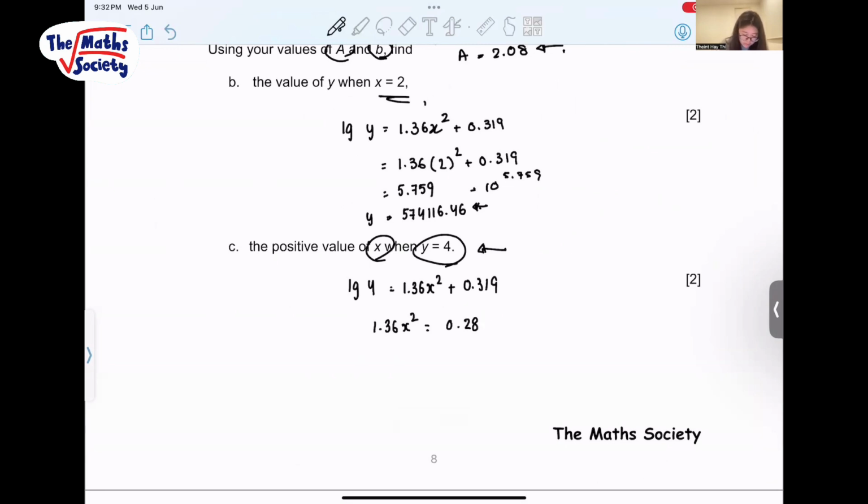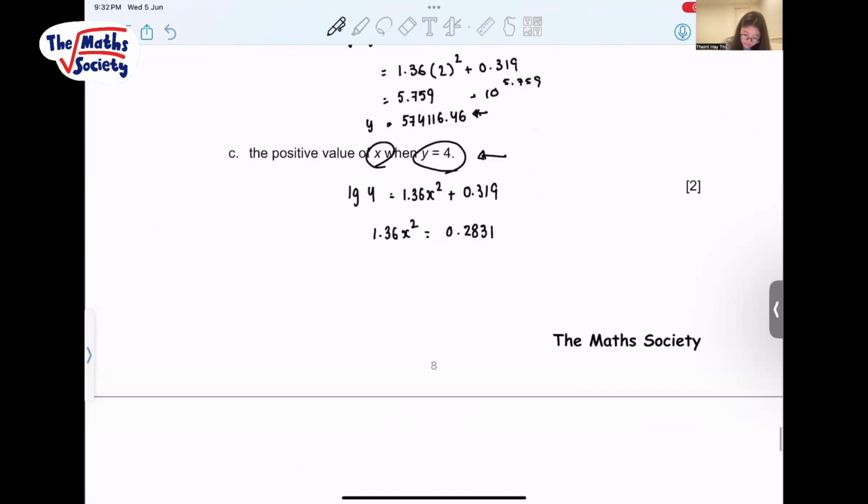And then divide, on x squared you get 0.2081 as well. And then x, just square root the answer. You have 0.456. Yes, and that is your x value.